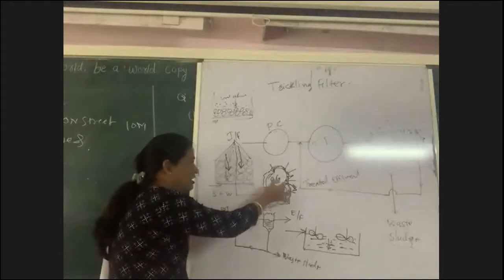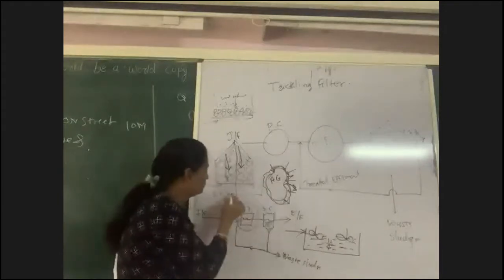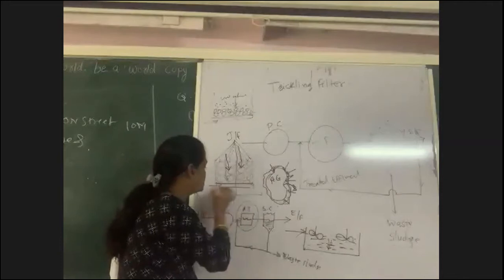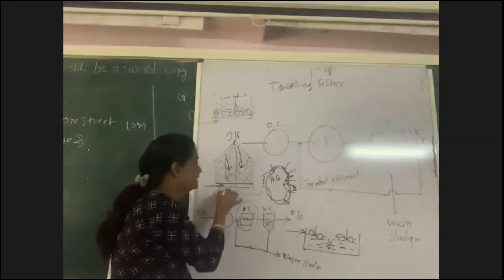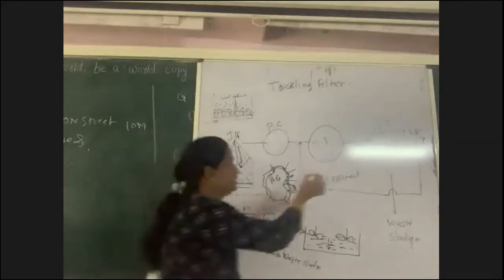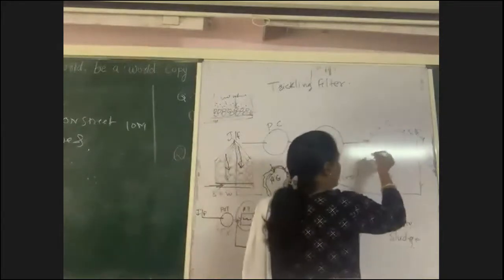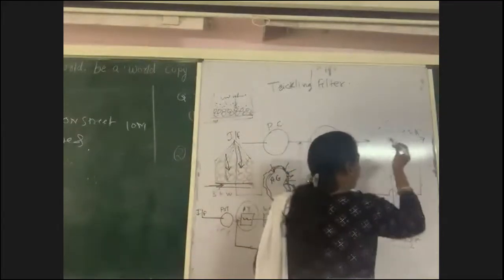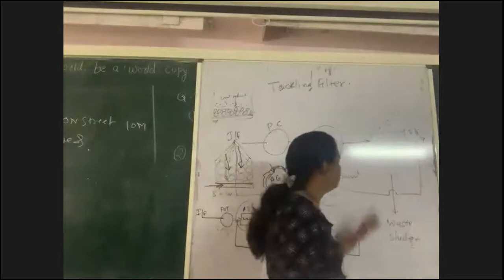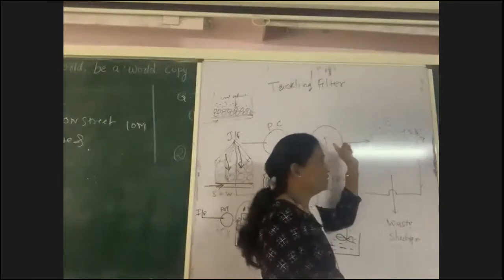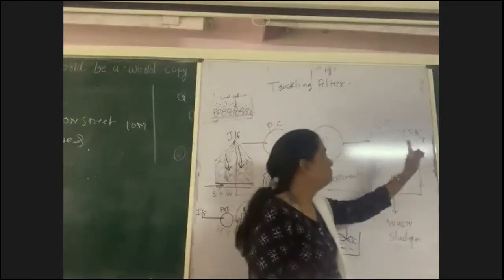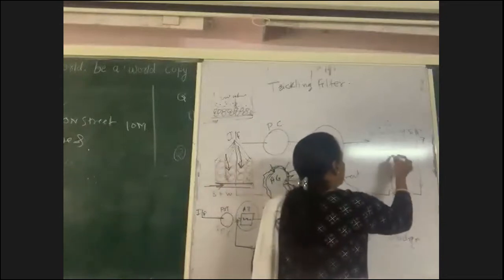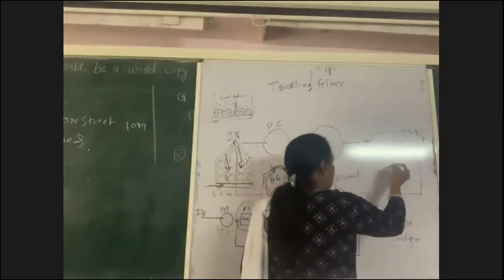And that flock and the treated effluent will be collected in an under drainage system, and then this wastewater will be sent towards the secondary clarifier, and in the secondary clarifier again we are providing sedimentation, and because the organic impurity and suspended growth are in a flock form, that will settle down here in the secondary clarifier.